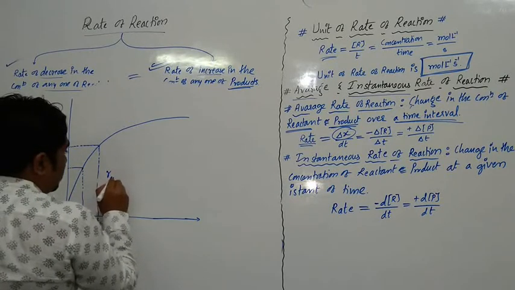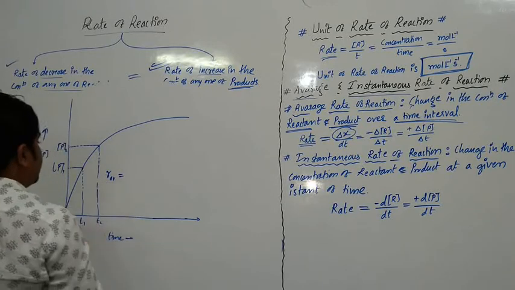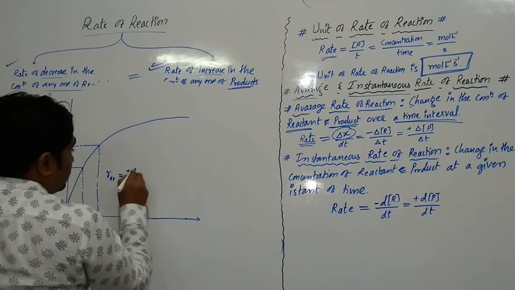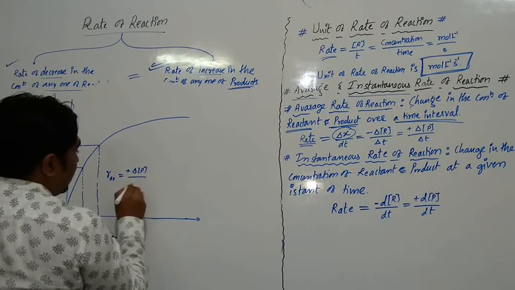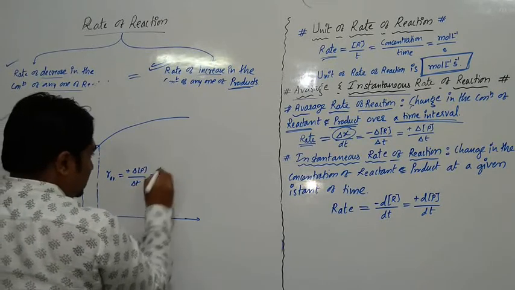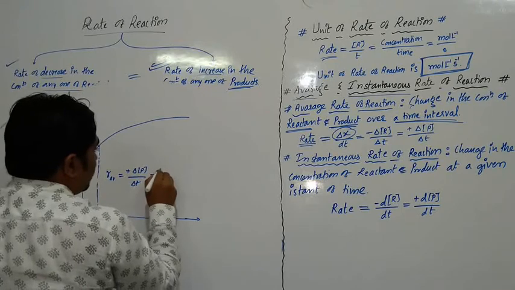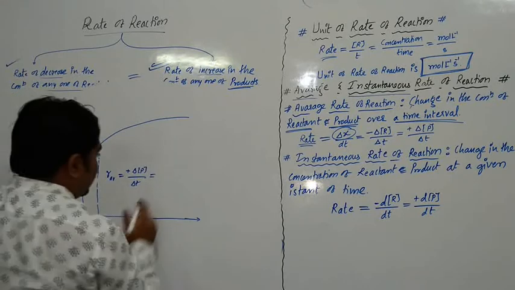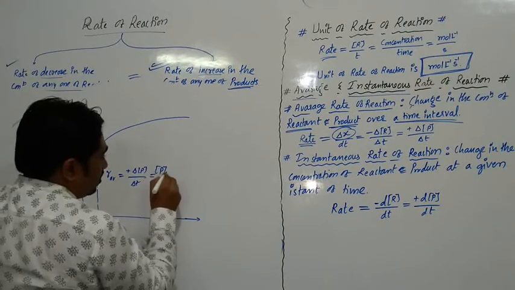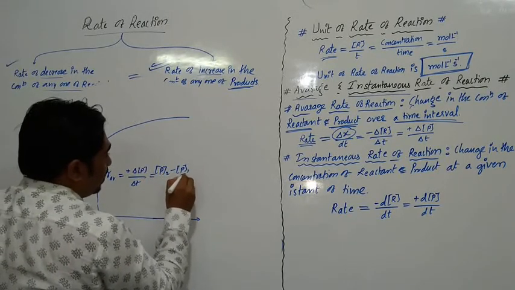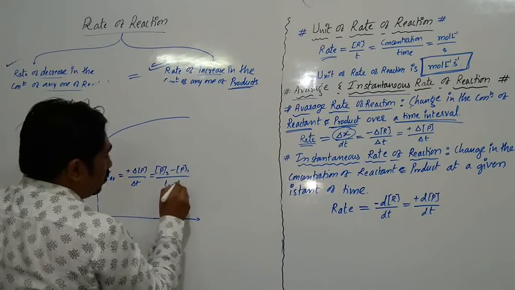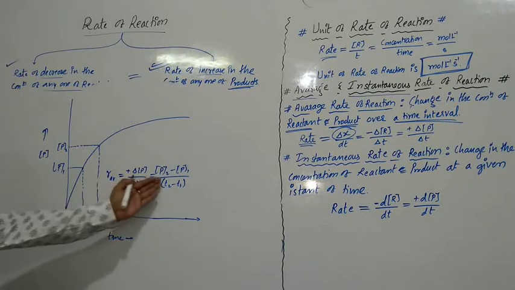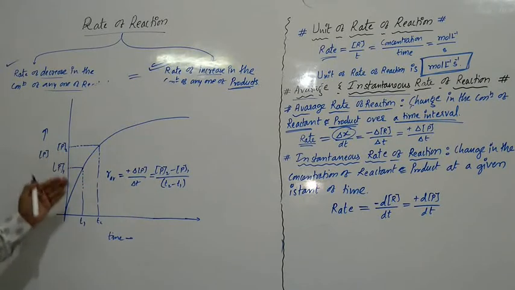So R average, the average rate of reaction, is equal to plus delta P divided by delta T. Here the positive sign indicates increase. So this is P2 minus P1 divided by T2 minus T1. So by this we can calculate the average rate of this reaction.